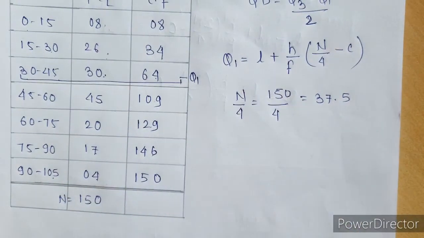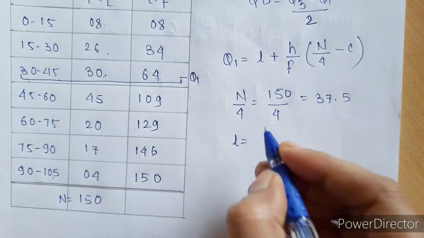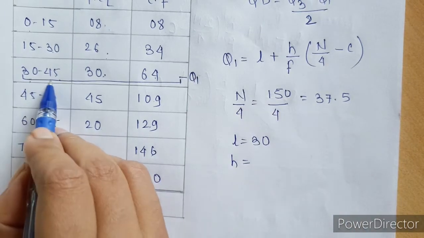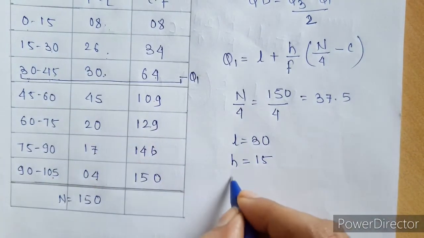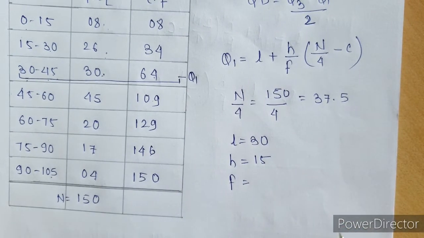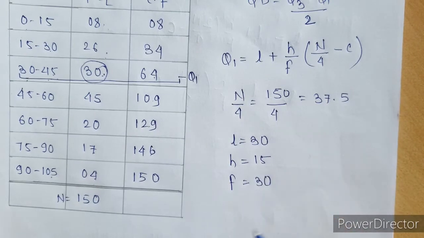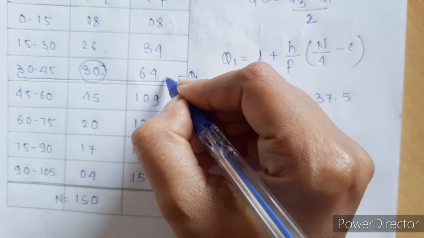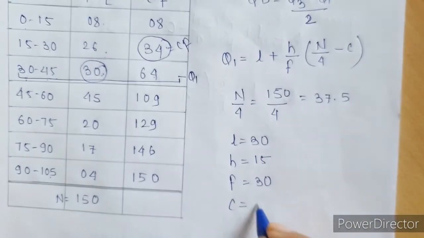So this is your Q1 class. The lower limit in this case is going to be 30. Next, height is 15, the difference of 30 to 45. F, the frequency of the quartile class, is 30, and C, the cumulative frequency of the preceding class, is 34.